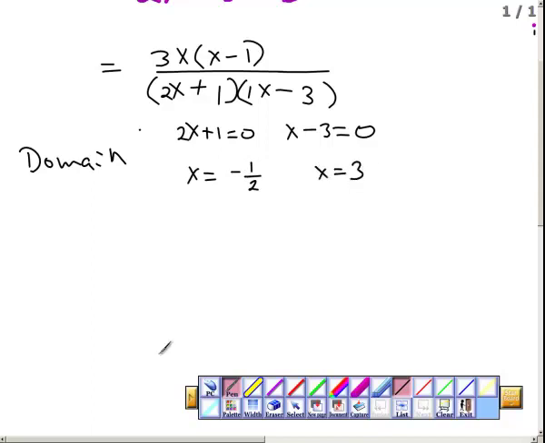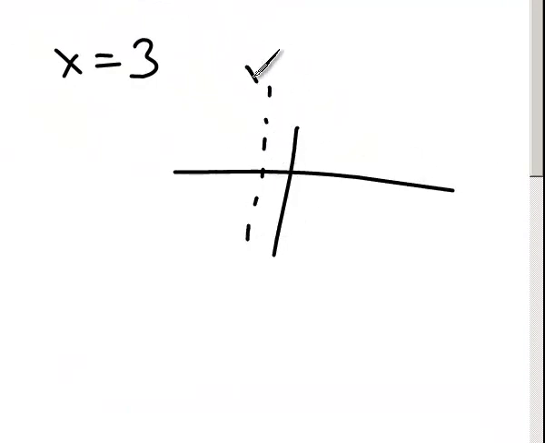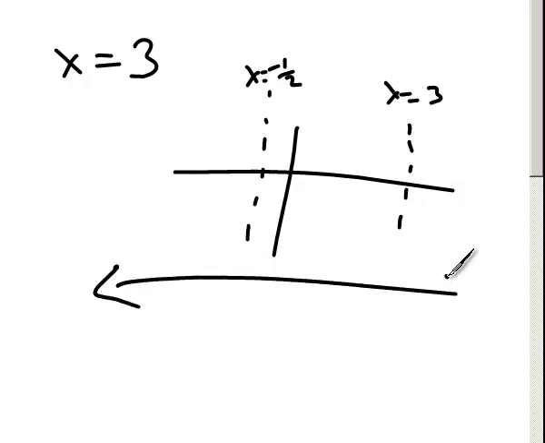Now, there's a difference between whether or not it cancels or not. Here, we will have two asymptotes. One at negative 1/2 and the other one at 3. And so, if we're looking at this from negative infinity to infinity, we have all real numbers really except for what? Yeah, negative 1/2 and 3, right?